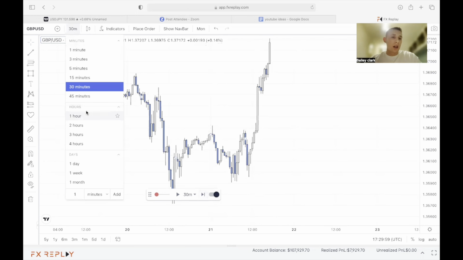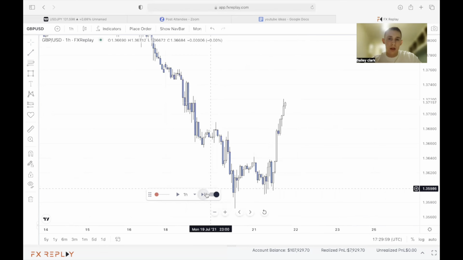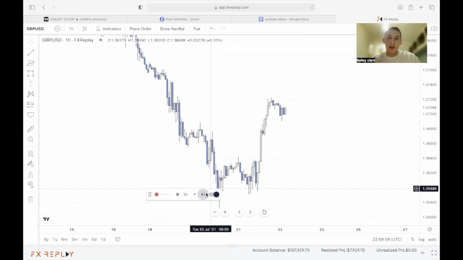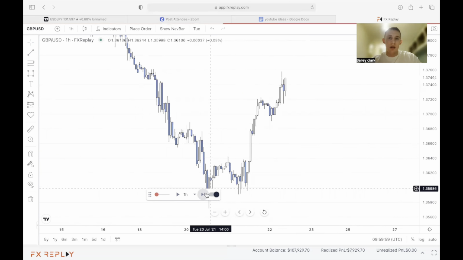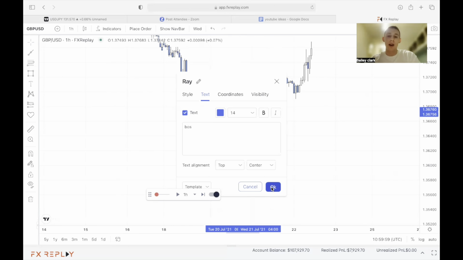Okay, so what we've had now, let's play price a bit more actually. Okay, so we've had lower low, lower high, lower low, lower high. Price has then broke structure just here and flipped bullish temporarily.